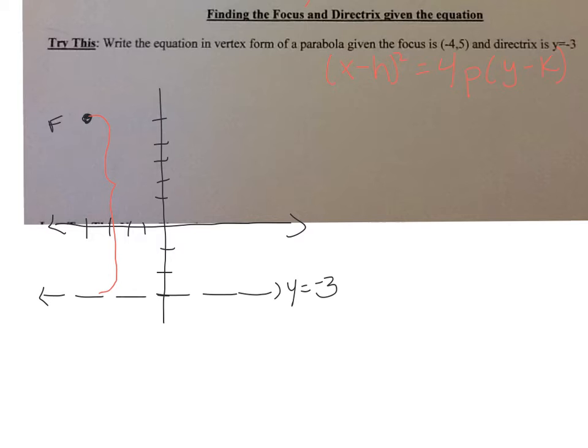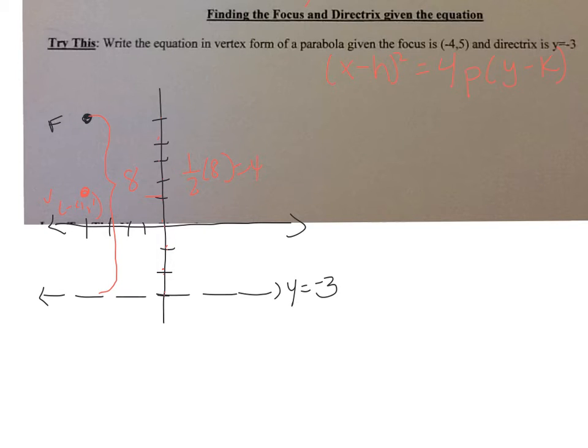Remember, the vertex is midway between the focus and the directrix. So this is a total of, let's see, 1, 2, 3, 4, 5, 6, 7, 8. So that would be half of 8, which is 4. So let's count 4. 1, 2, 3, 4. So there would be my vertex, which is (-4, 1).